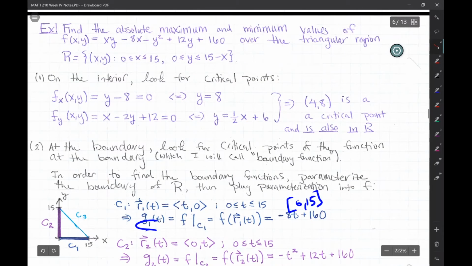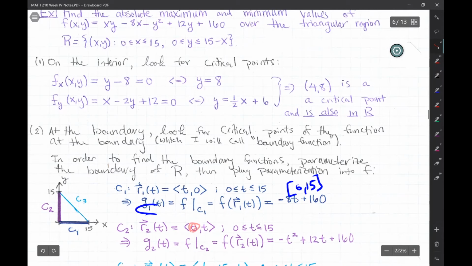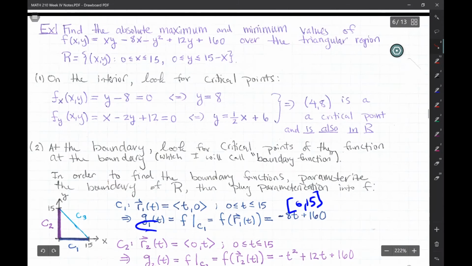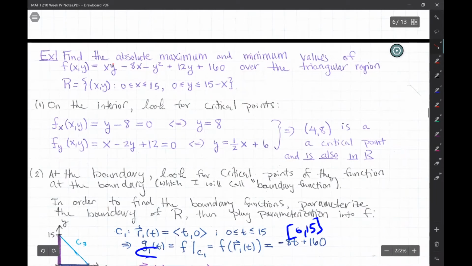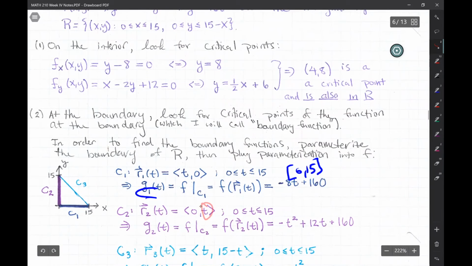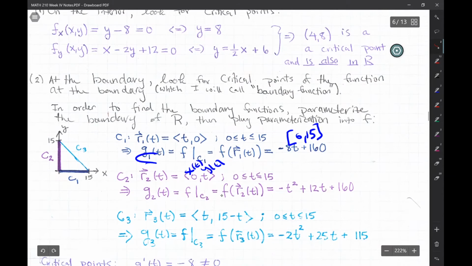Wherever you see an x, plug in a 0, and wherever you see a y, you plug in t, the y value of the parameterization. As you'll recall, this is y of t here, and this is x of t. Okay, so plugging the parameterization into the function, you get this, and that's the value of our function of 2 variables only along C2.